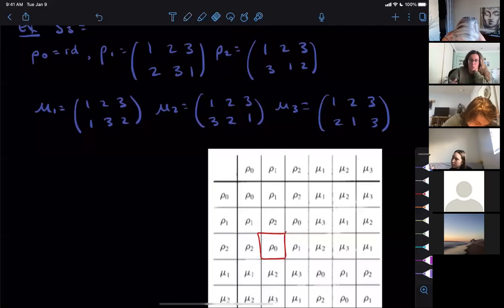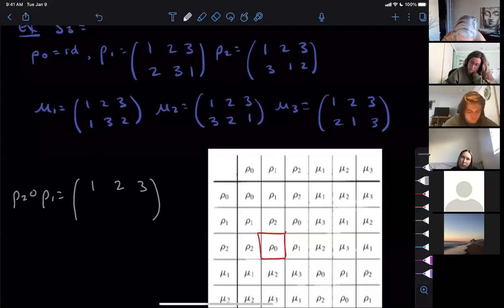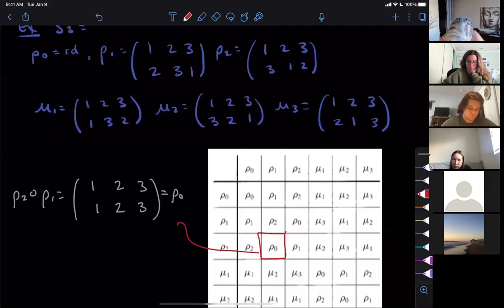We keep writing sigmas. So 1 goes to 2 and 2 goes to 1. Fine. Do row 1 first. So 2 goes to 3 and 3 goes to 2. Well, obviously this will be a 3, but let's just check. 3 goes to 1 and 1 goes to 3. So that's the identity. And that's what we got, row 0 here. And you can do that with all of these and you get this multiplication table.